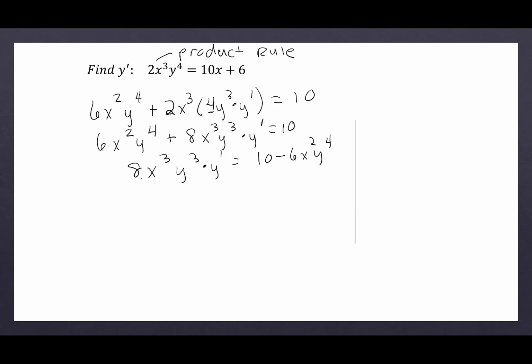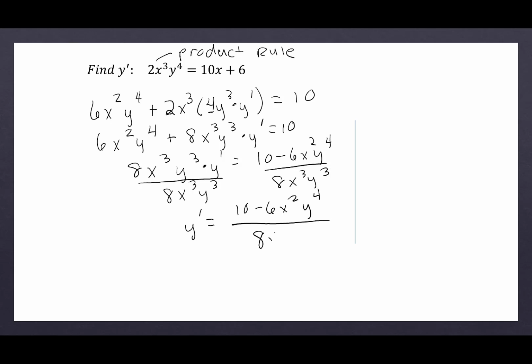Now I'm going to divide by 8x cubed y cubed. I have y prime equals 10 minus 6x squared y to the fourth over 8x squared y cubed.